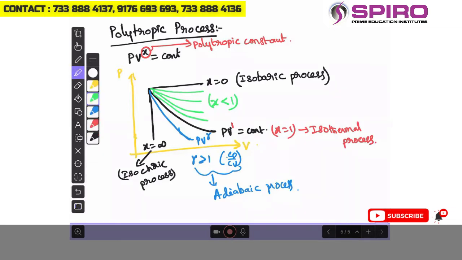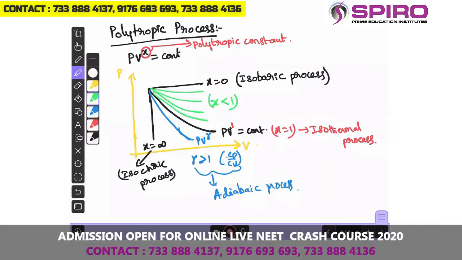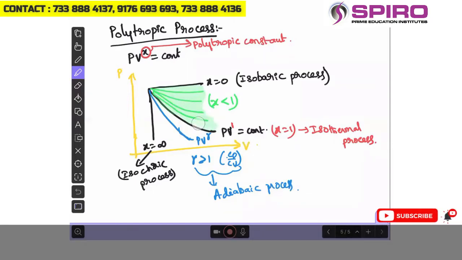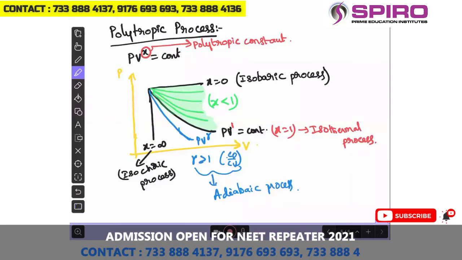You can observe them very clearly here. In all this region, you will find the X value less than 1, they will fall under isobaric and isothermal process.